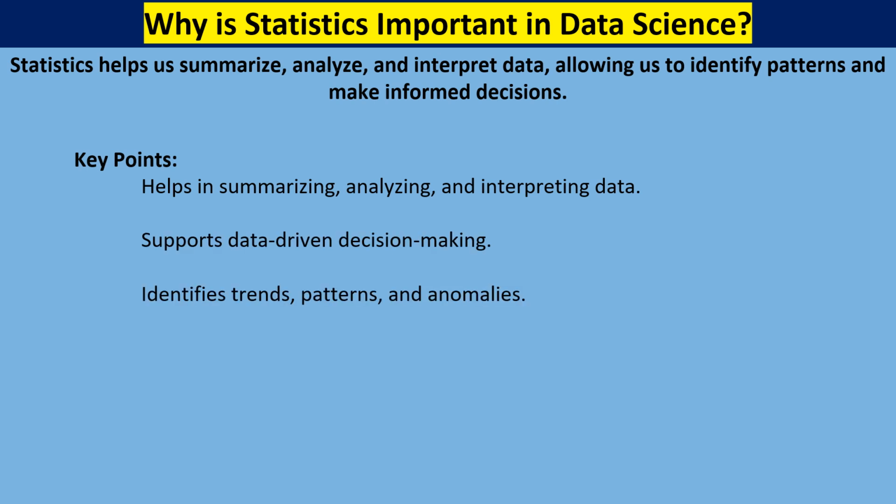Key points. Statistics is essential for data science because it transforms raw data into insight by summarizing trends. It helps businesses in forecasting, customer behavior analysis, and risk assessment. Without statistics, we cannot validate machine learning models, measure uncertainty, or detect dataset biases.